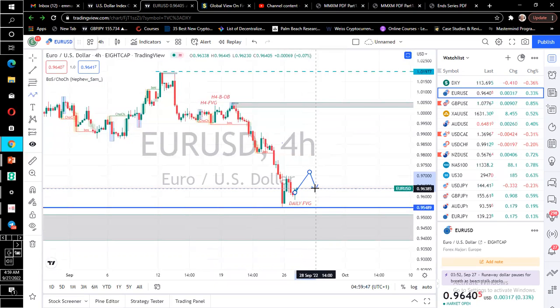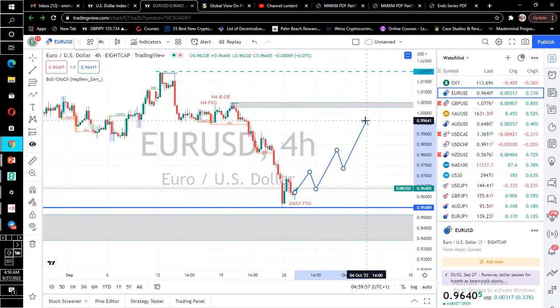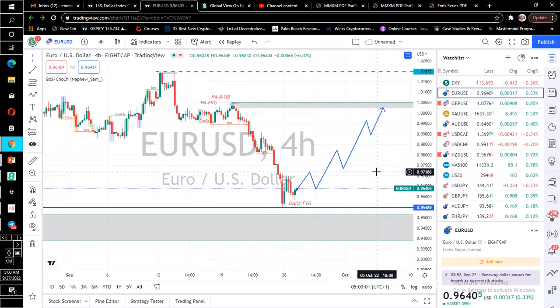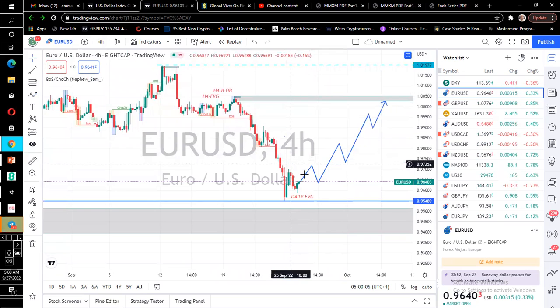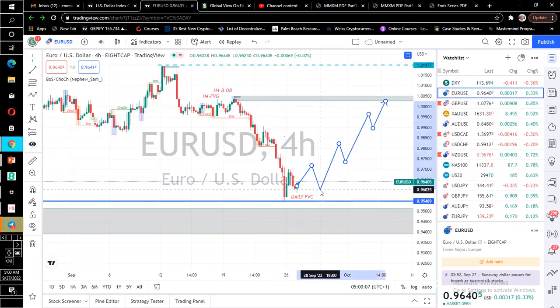Possibly either it's a fair value gap, trade into it, and then go to the upside. So I will be expecting to see something like this happen. And if I see them trade into this fair value gap and then come back again here, that would be an amazing one.